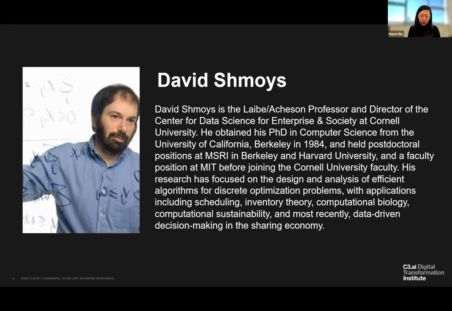His research has focused on the design and analysis of efficient algorithms for discrete optimization problems with applications to scheduling, inventory theory, computational biology, and computational sustainability. Recently, he has also focused on data-driven decision-making in the sharing economy. Professor Shmoys has served on numerous editorial boards, and he has won many awards from various societies, including INFORMS, ACM, and SIAM.